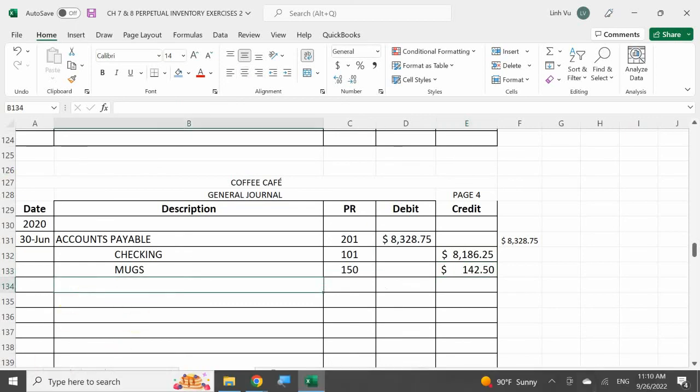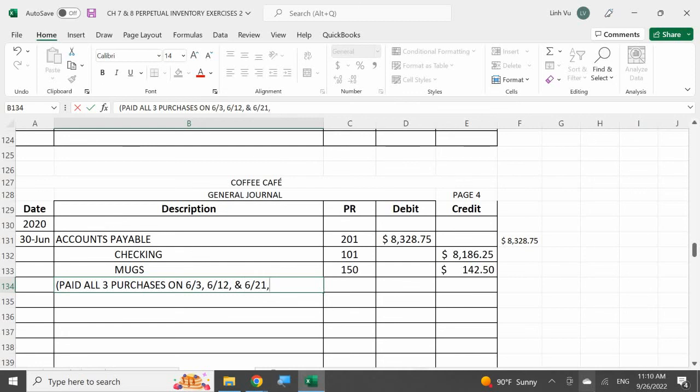All right. So I'm going to go ahead and say paid all 3 purchases on June 3rd, June 12th, and then June 21st, and then received 5% discount on purchase made on June 21st. Okay? And of course, you're going to include check number 201.